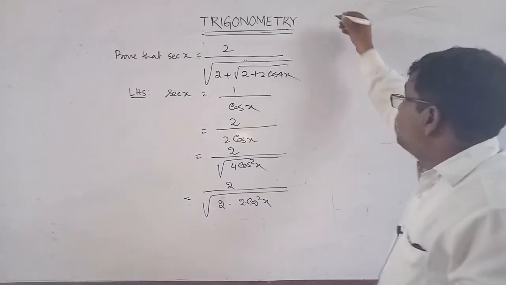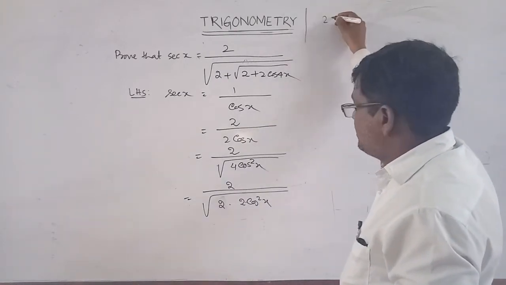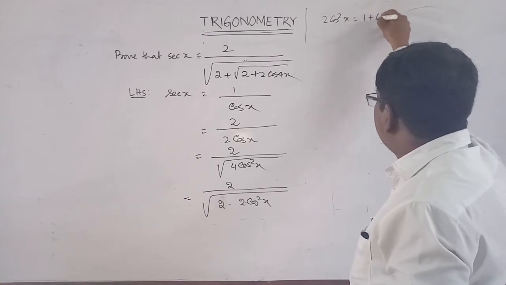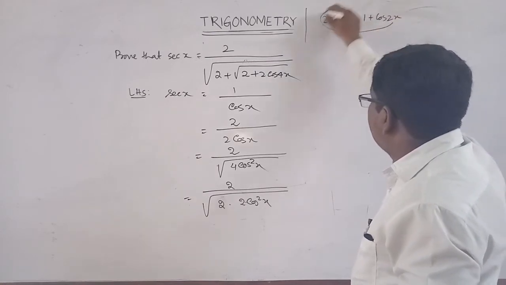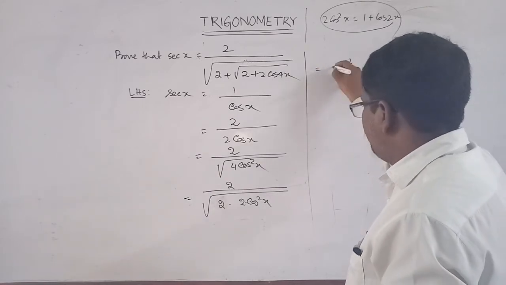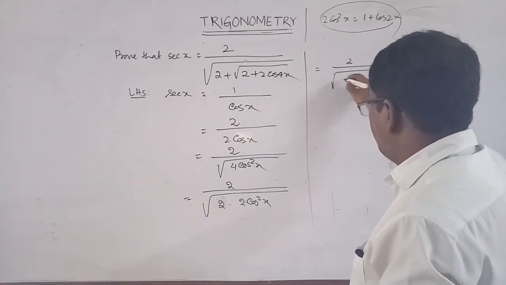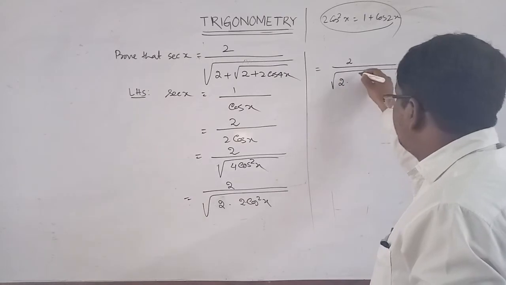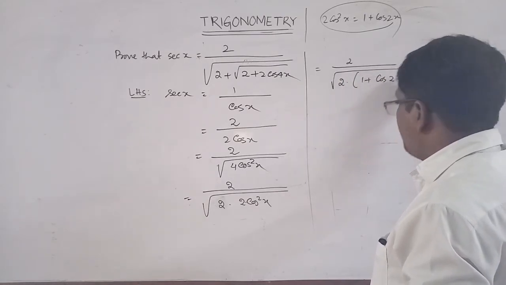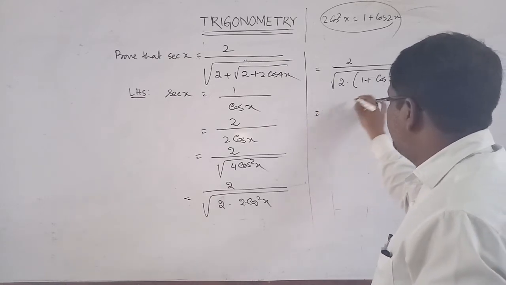We know 2 cos square x is equal to 1 plus cos 2x. Apply this formula here. So that is 2 divided by square root of 2 into (1 plus cos 2x).